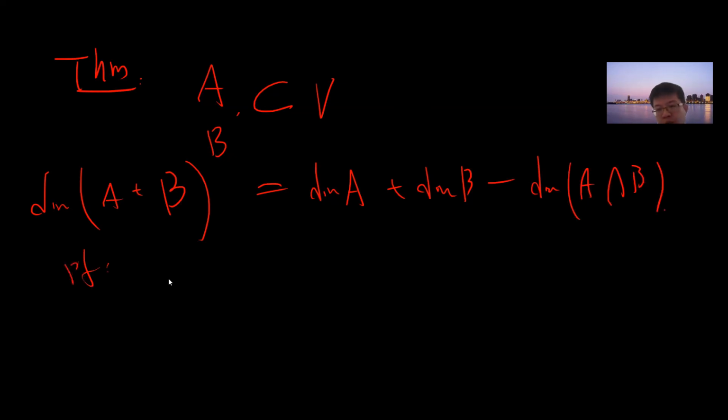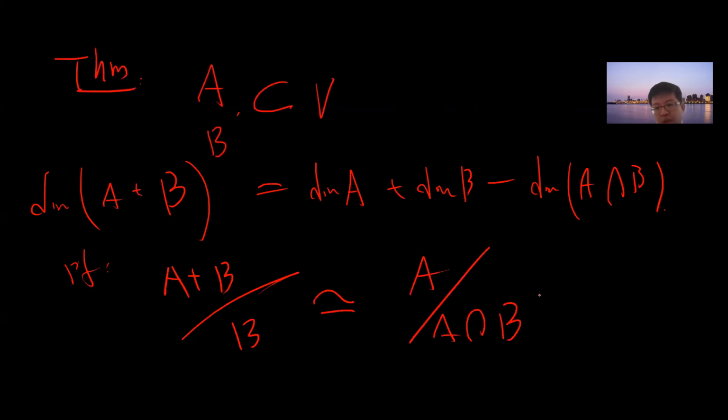If you know abelian group theory, you know that A plus B quotient B is isomorphic to A quotient A intersection B. This is the group isomorphism theorem. Or you can use linear algebra, but you can view A and B as just abelian groups. And then you take dimension.